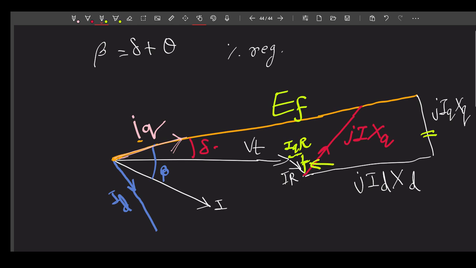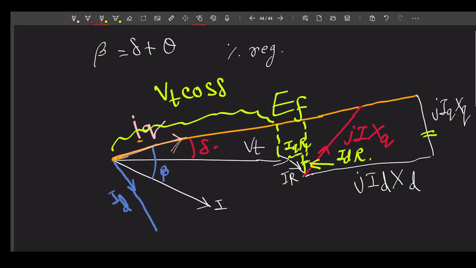this side is IdR. So let us draw the projection of IqR. Now this much is how much? This one is Vt cos delta. This part is IqR.